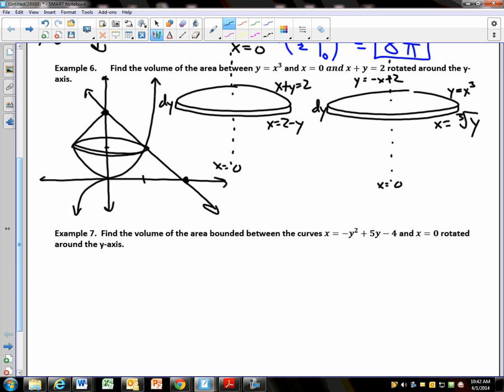But now I have to set up my bounds, right? What do you think? How do you know 1?